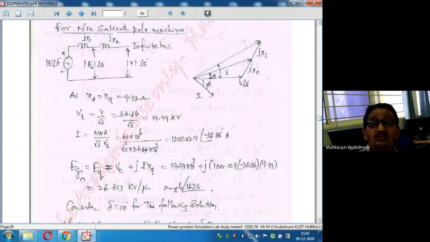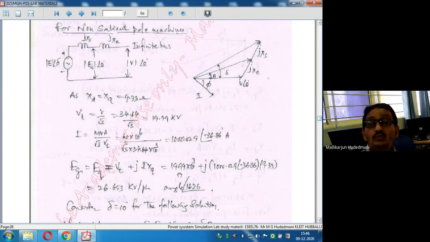Now you could see here the internal voltage EG, the total voltage, I am trying to write, is VT plus the total current I into the reactance. XQ is same as XD. So it is I into X. That is the XQ or XD, it is an X for me.